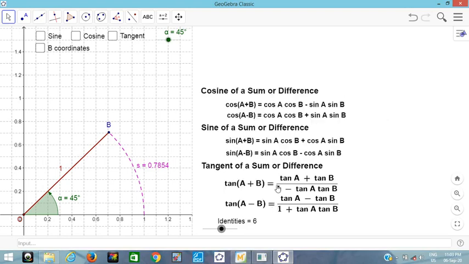The number 6 ratio is the compound angles, which is sum and differences. When you have cos A plus B, it will give you this. Take note, cos A plus B is equal to cos A cos B minus sin A sin B. Then for negative, it will give you the positive result. Then for sine, when you sum sine A plus B, this is what it will give you.